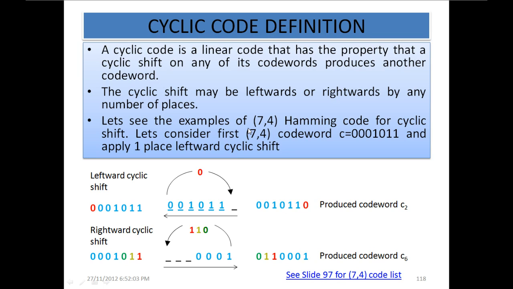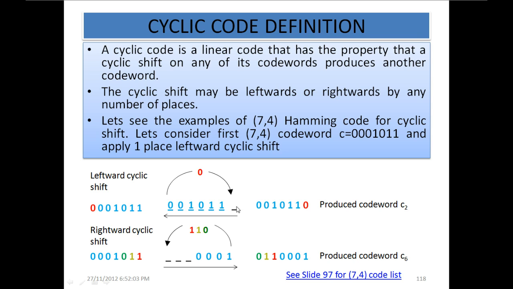Let's see the example of 7,4 Hamming code for cyclic shift. Let's consider first a 7,4 code word C equal to 0001011 and apply a one place leftward cyclic shift. So what is a cyclic shift? First of all, we remove this MSB, this last bit, and we shift all the bits in this place.